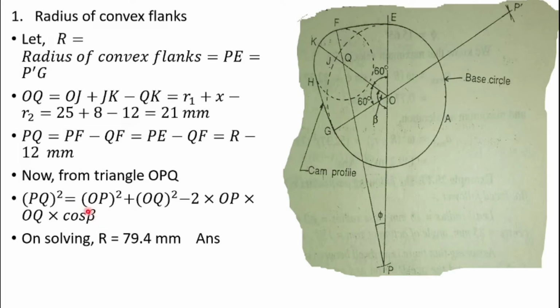We have all the values, so substituting the value of PQ from here and the value of OQ from here, we can calculate the value of R. Substitute the values from above and calculate R.